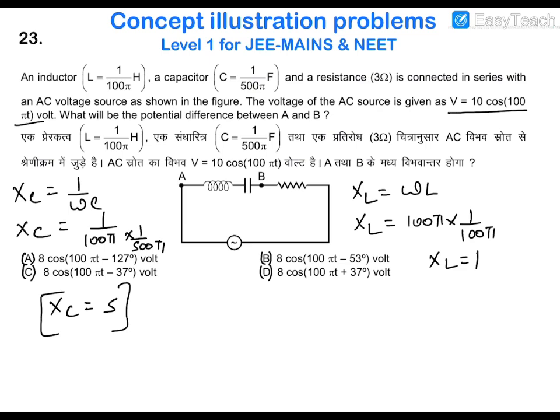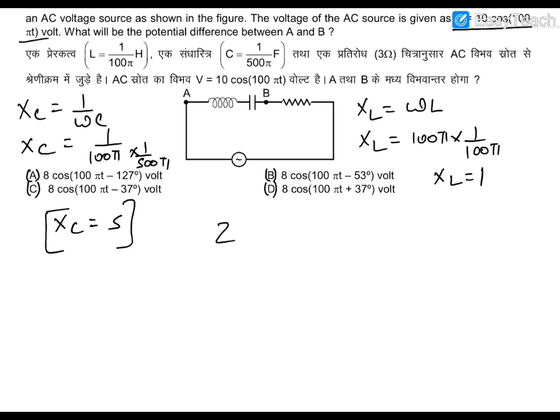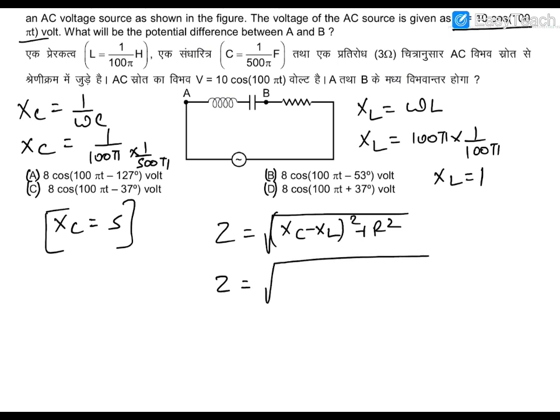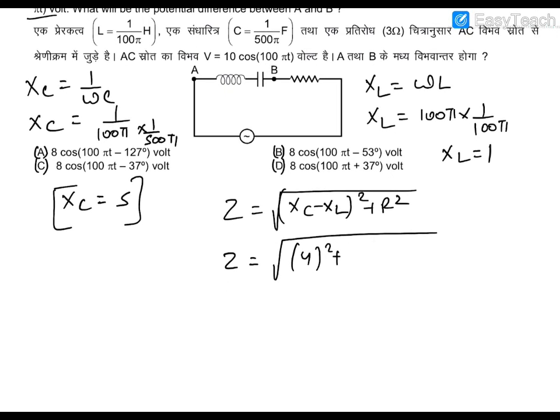Now Z will be under root of XC minus XL whole square plus R square. So Z will be equal to 4 square plus R, which I think is 3, yes, so 3 square. So Z will be equal to 5.